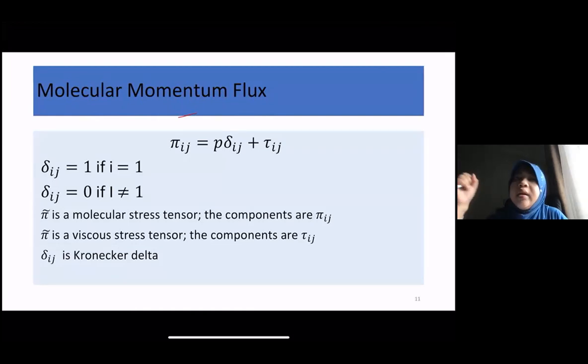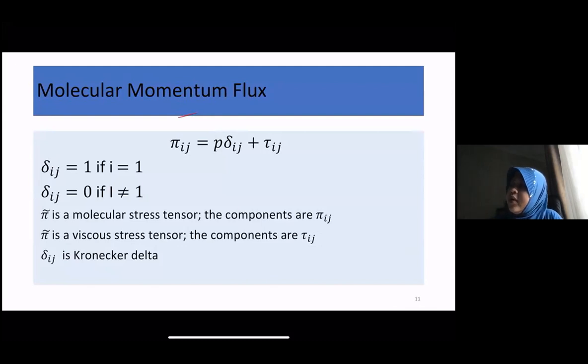After a while, the ink will spread throughout all of the water. So the way the ink diffuses is because of momentum diffusion. In this case it is called the molecular momentum flux because it is related to the velocity.